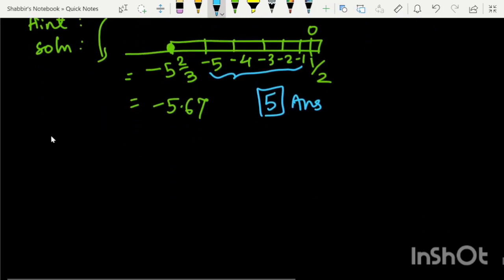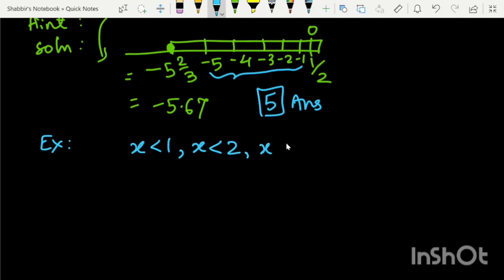Let's take another example. X less than 1, x less than 2, comma x less than 3, comma x less than 2025. What is the x which is satisfying all?